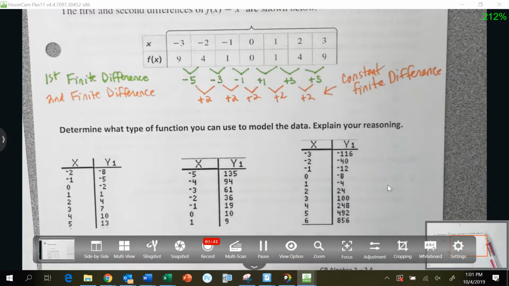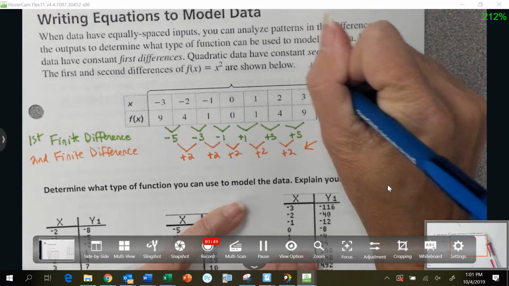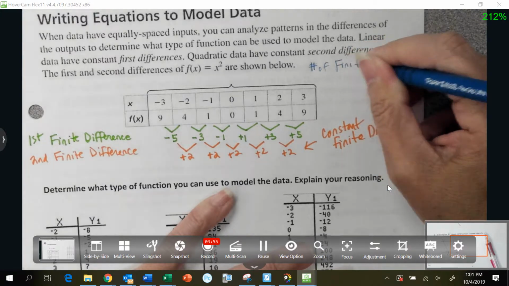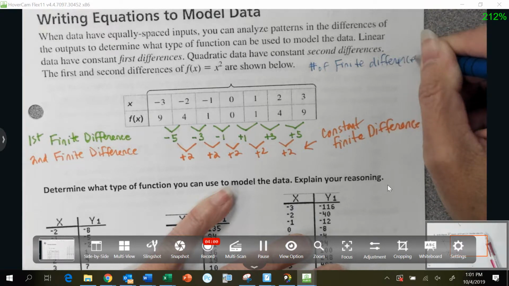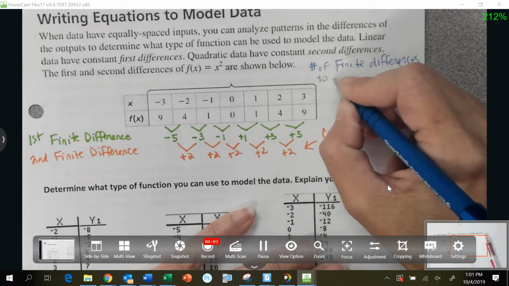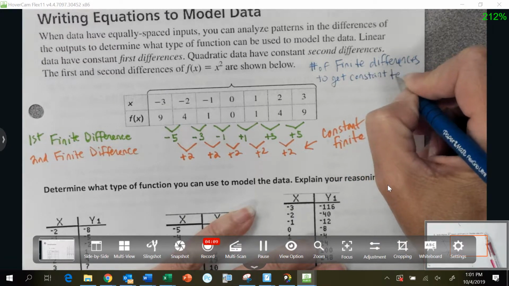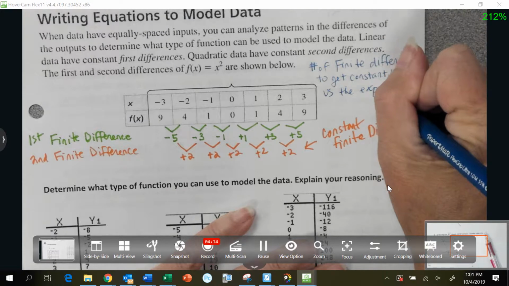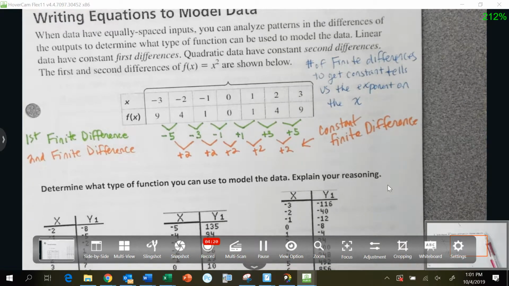So the number of finite differences, I'm going to write this down. The number of finite differences to get constant tells us the exponent on the x in the equation.